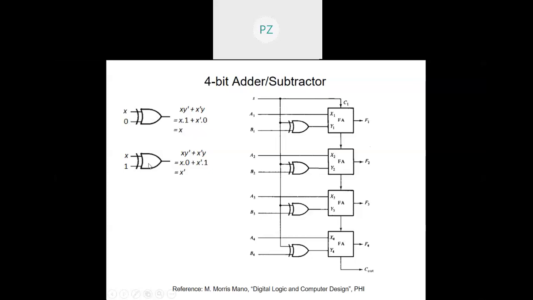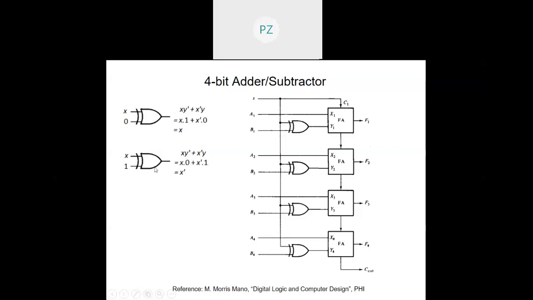But when for the same exclusive OR gate I give one of the inputs as still x, but the other input is 1, with the same expression xy' plus x'y, y' in this case is 0 because y is 1. So it will be x·0 plus x'·1. Now x·0 becomes 0 and I'll get x' as the output.